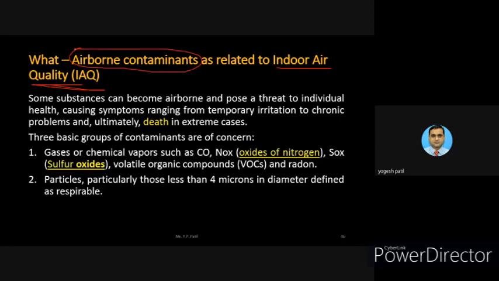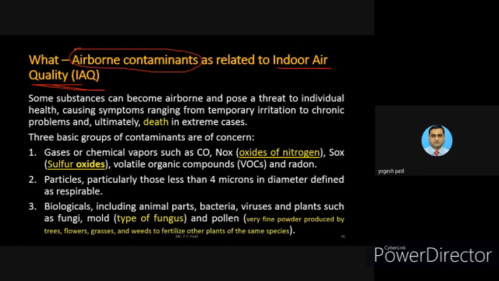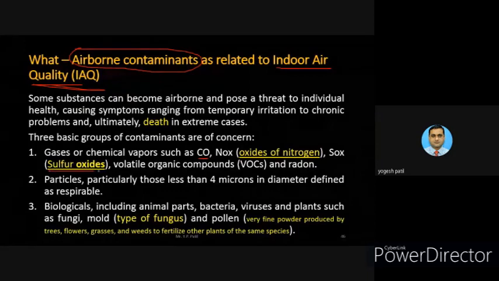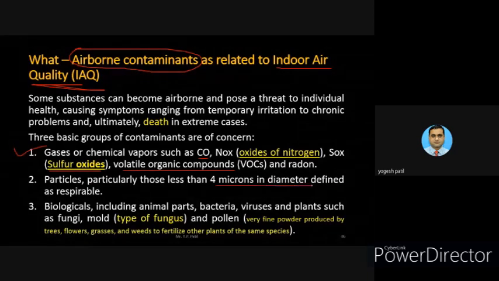Mainly the contaminants that we need to consider are carbon dioxide, CO, NOx, that is nitrogen oxide, sulfur oxide, and volatile organic compounds. Then the particles, particularly those less than 4 microns in diameter.